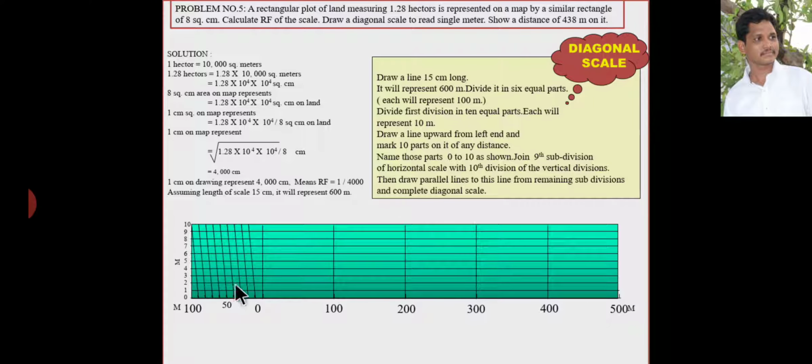These are the diagonal lines. Here the main division is 100 meters, subdivision is 10 meters, and subunit is 1 meter.